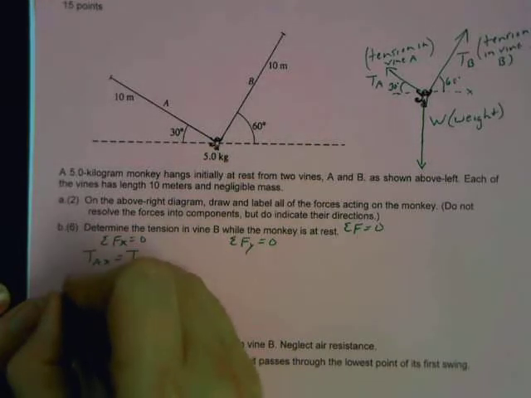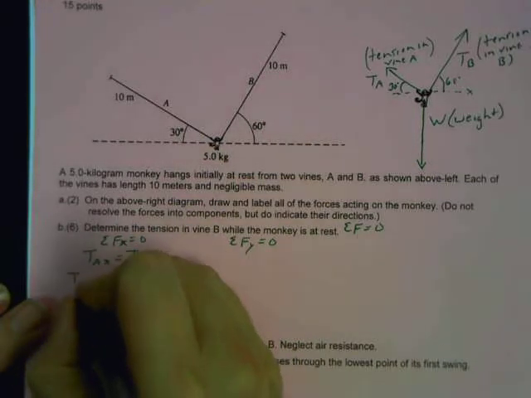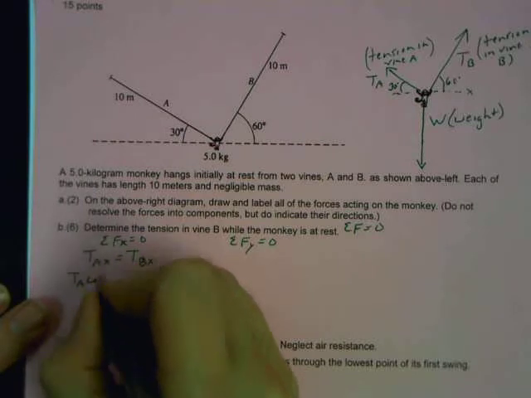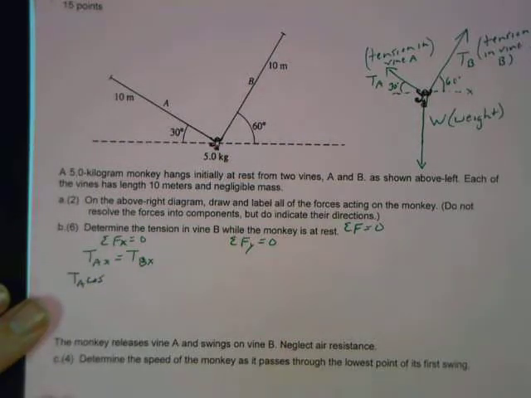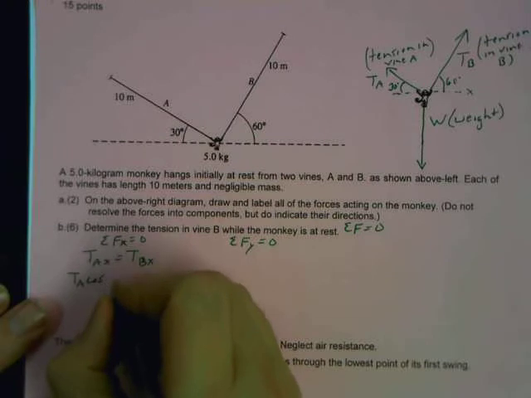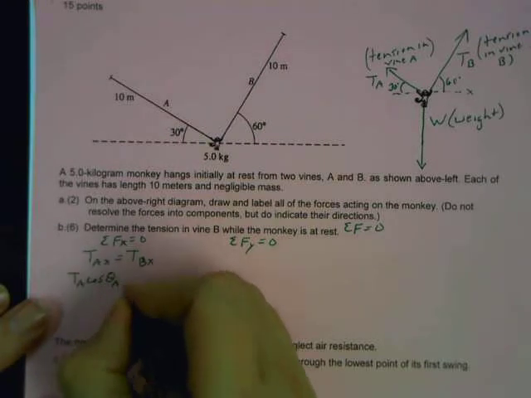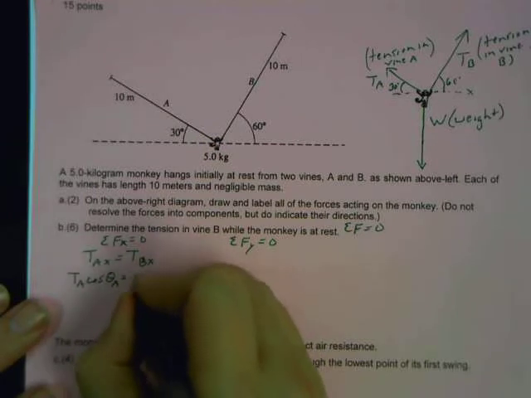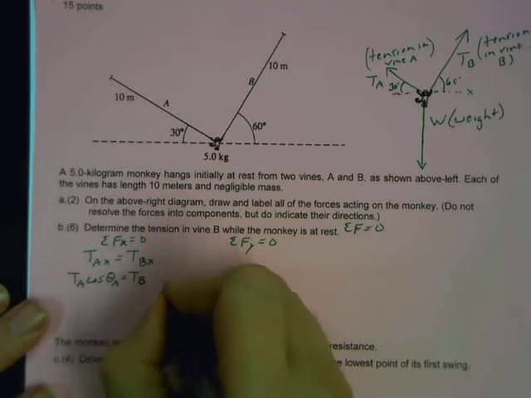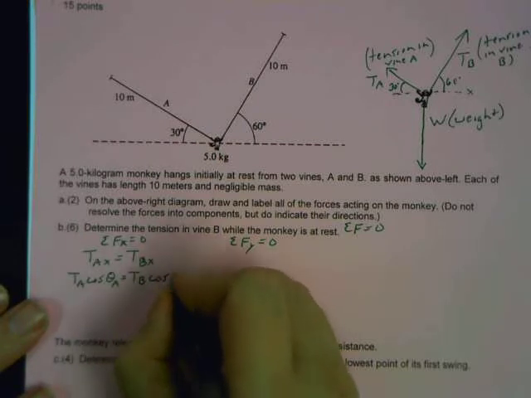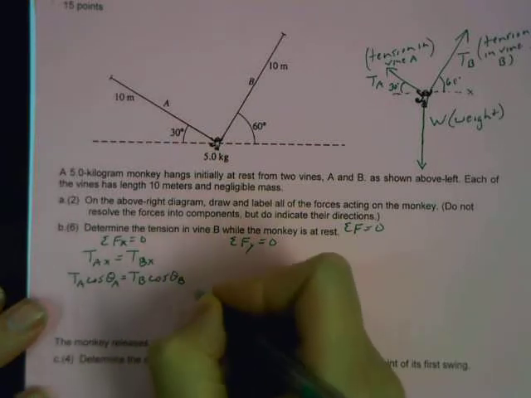So we're going to have T sub A times cosine theta A equals T sub B, the tension in vine B, times the cosine of theta B.